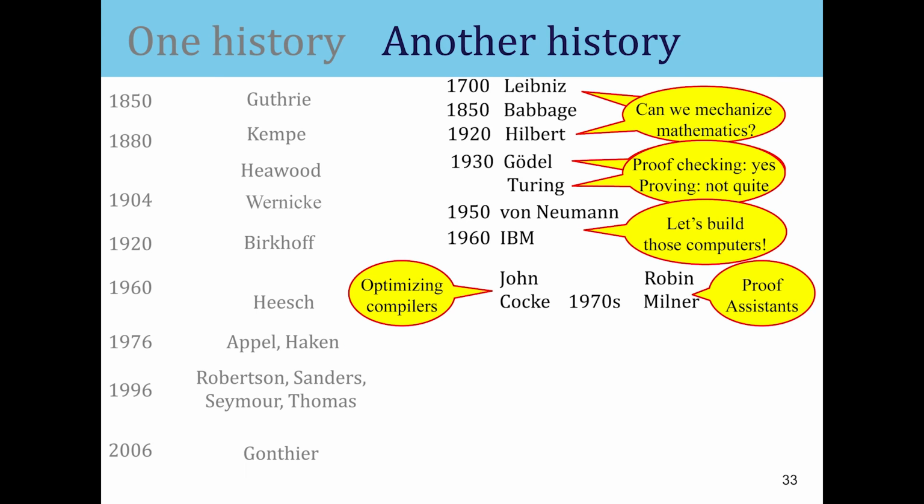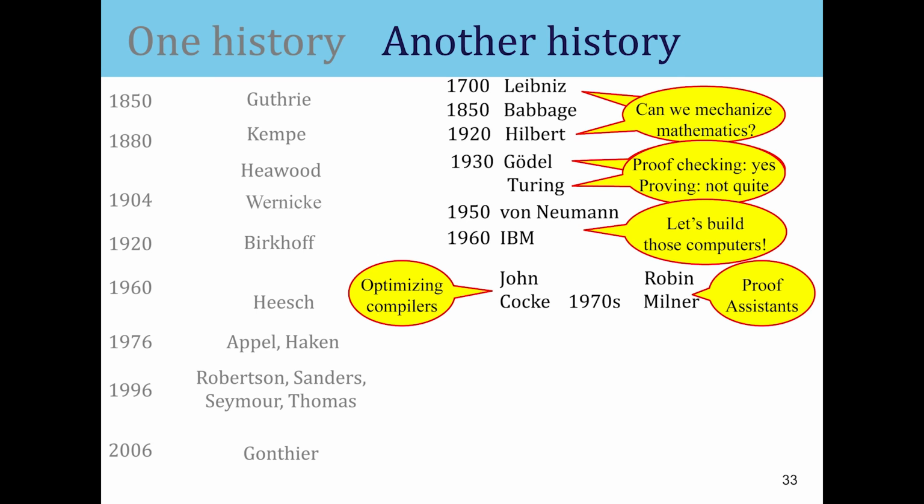And in the 1970s, there are two parts of computer science that I want to talk about. One is at IBM Research, having to do with optimizing compilers. And the other was at Edinburgh, having to do with logic and proof.